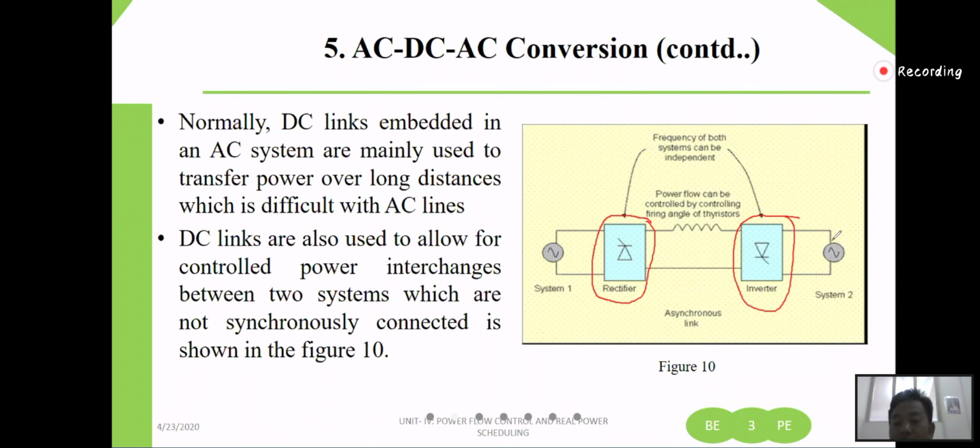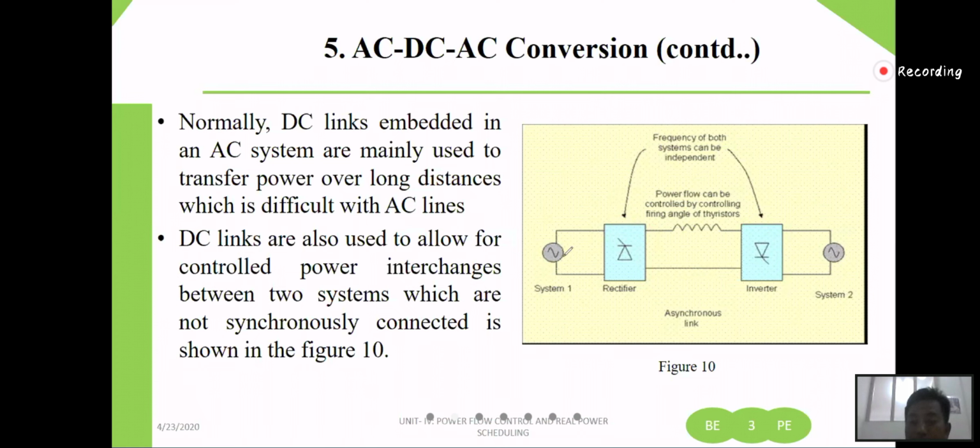So that's why for short distances this type of conversion or power flow control has not been used. But for a longer distance, the minimum should be 500 kilometers between two buses. If it is more than 500 kilometers, then we can employ this, which means it will be cost effective. This is how we can control the power flow using AC to DC and DC to AC conversion.